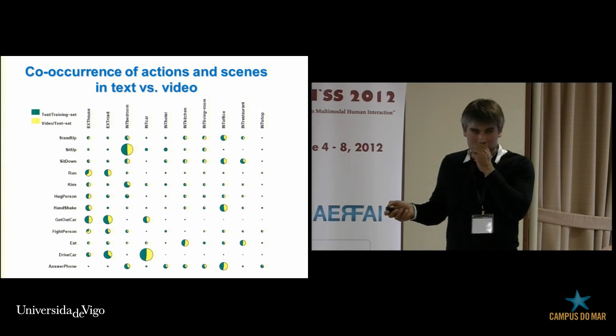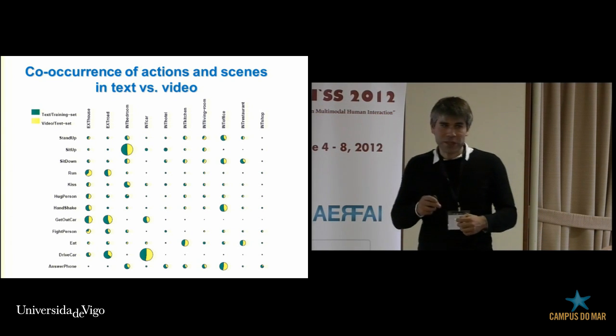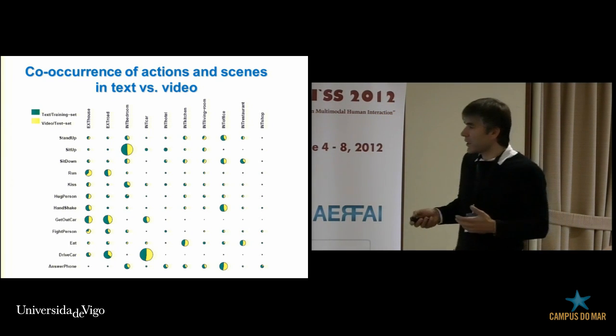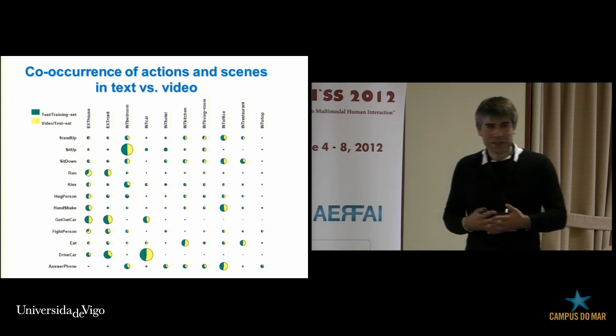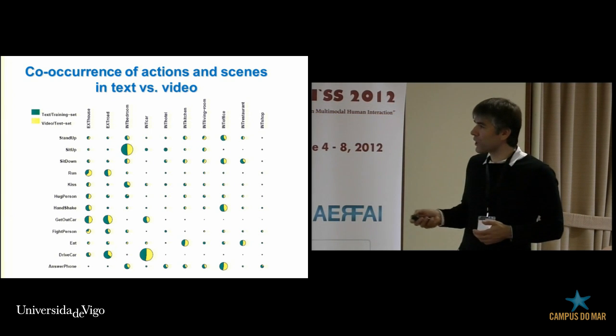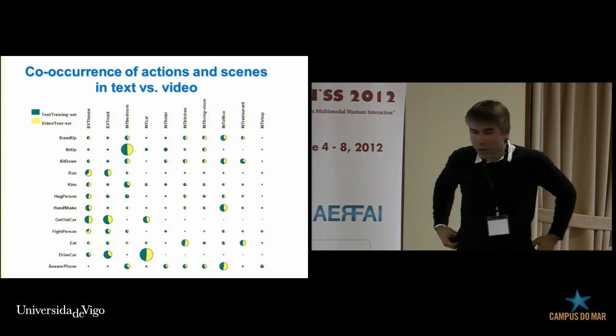Text correlation is what I described, and yellow comes from annotating the actions and scenes in video and measuring the correlation from the visual domain. Because these circles are about half-half divided, the correlation in text and in the video is similar. So we can use text correlation and directly apply it to video.